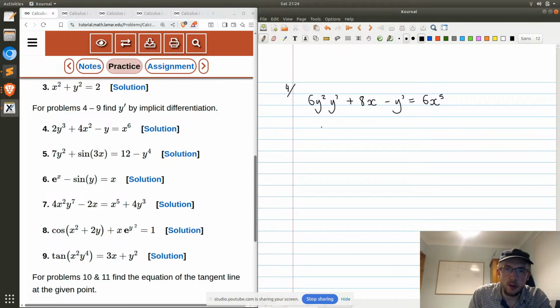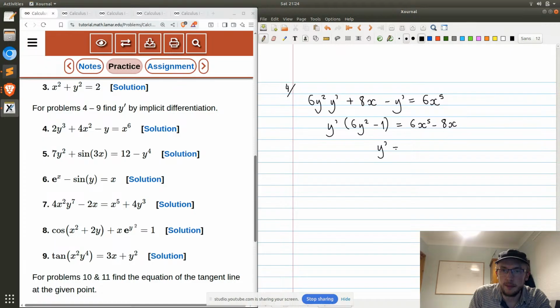Then we need to make y prime the subject, right? So I'm going to have y prime multiplied by 6y squared minus 1. And we'll move that 8x to the other side to get that.